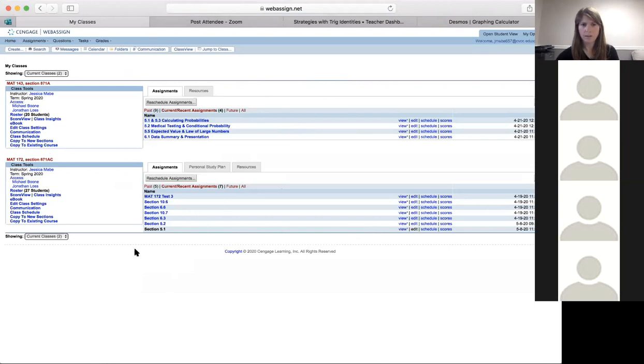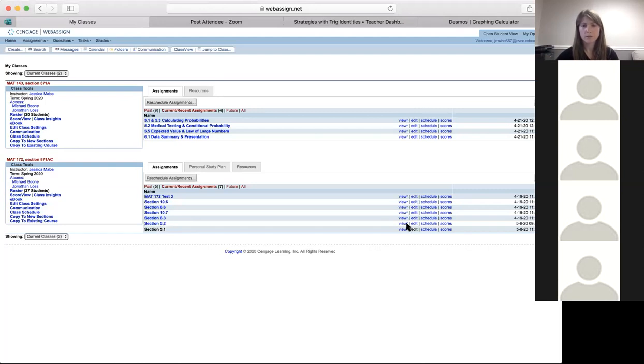It looks like right here, the ones that are highlighted are actually ones that I went in and edited some of, like all of our past unit. I went in and either took some out or swapped some questions that I thought would be better for us and more relevant. 5.1 I left alone because I had already released it and people had already started working on it. It makes it harder to edit it, but 5.2 is edited down a little bit.